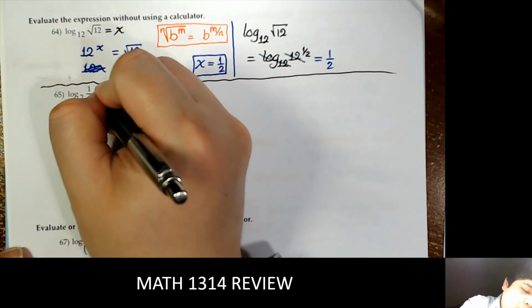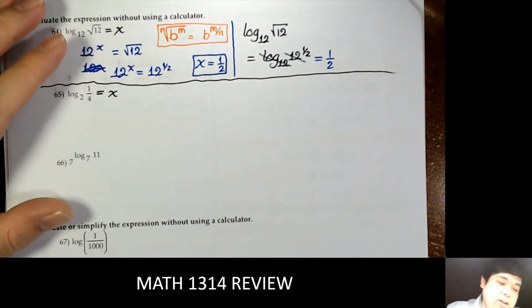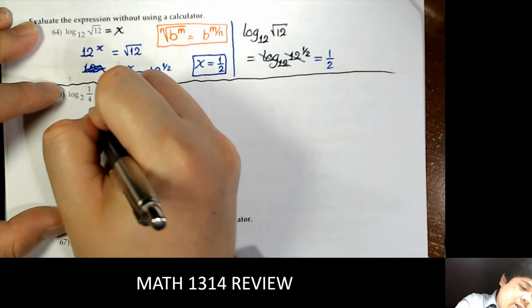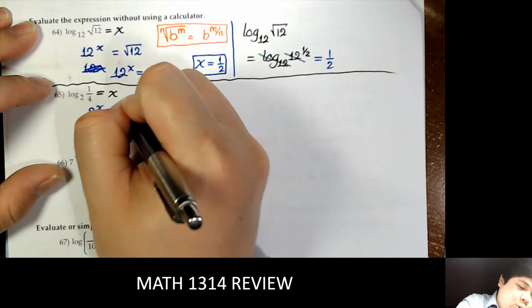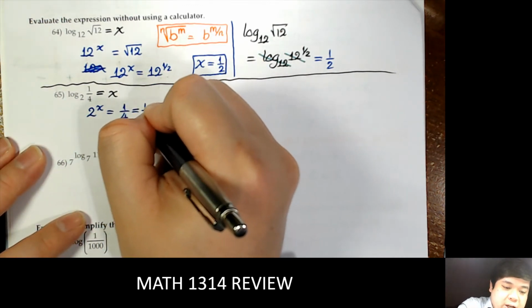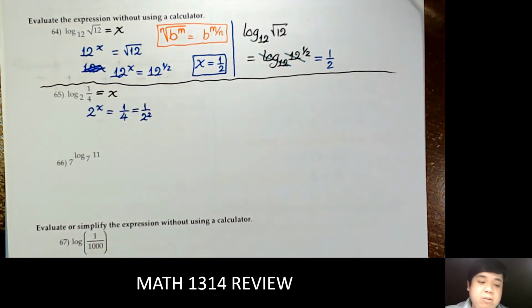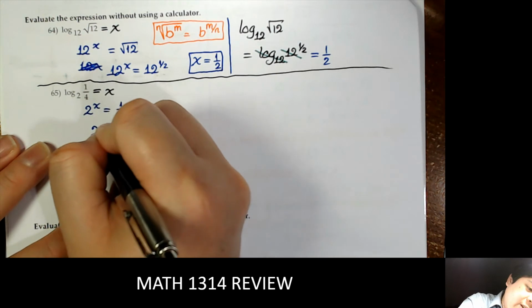Next, again, we don't know what it is. We can always make that equal to x, and then we swap. 2 is the base, to the x power, equal to 1/4. Now 1/4 is 1/2 squared. Now the 2 squared from the bottom moves to the top and becomes negative.